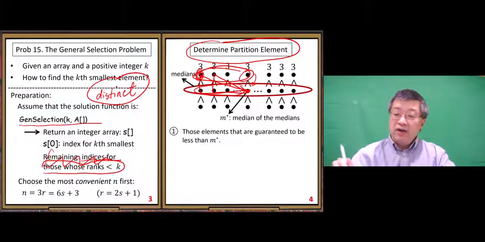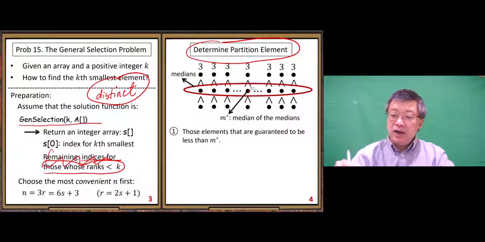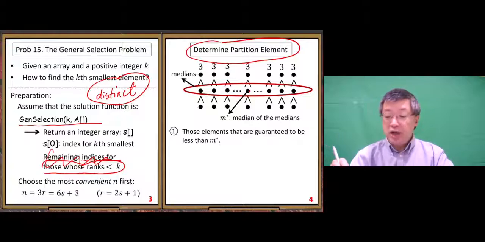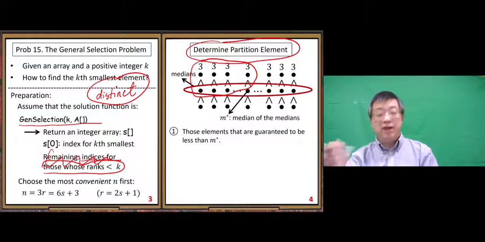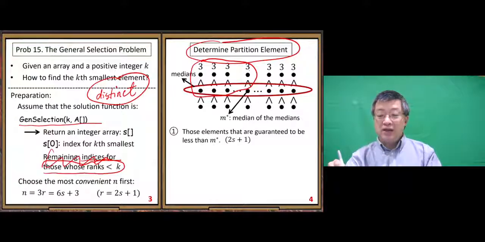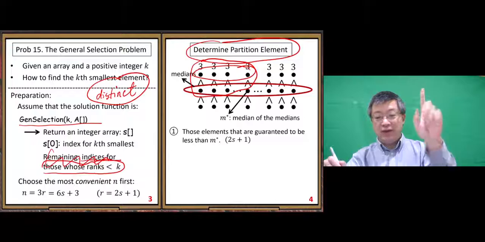Finally, so let us circle all those elements that are guaranteed less than M star. This circle, this circle. How many elements there? 2s plus 1. Because this number s plus 1.